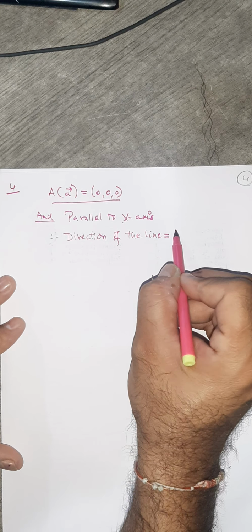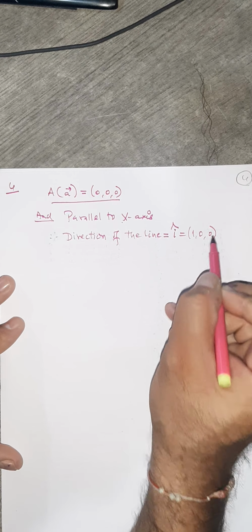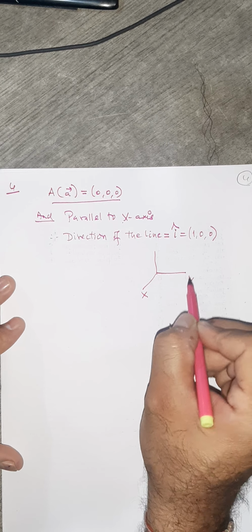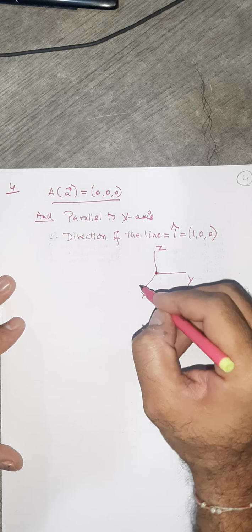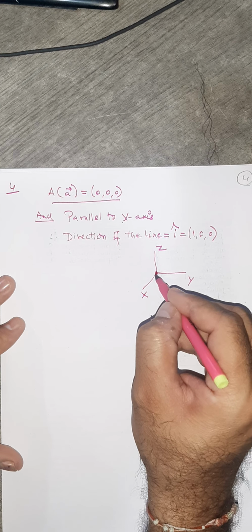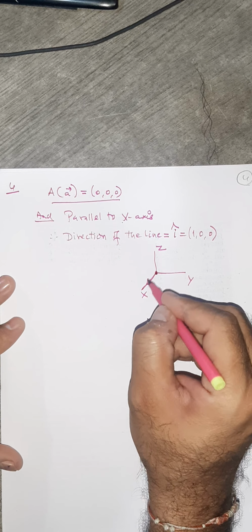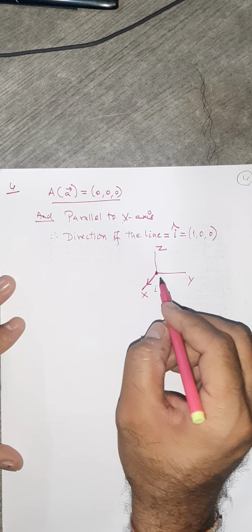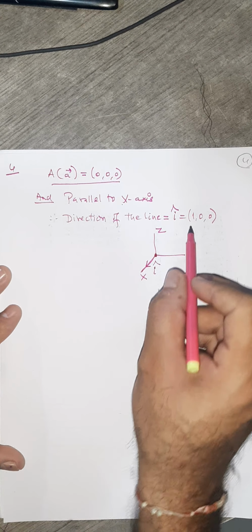What's the direction of the x-axis? That is i cap, which is 1, 0, 0. There's the x-axis, y-axis and z-axis. The line passes through the origin and is parallel to the x-axis, remember.